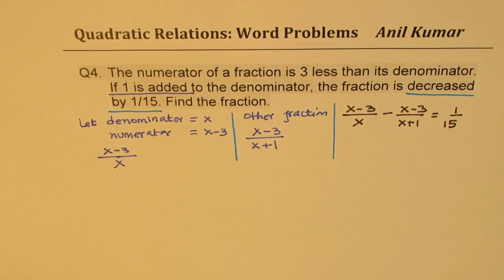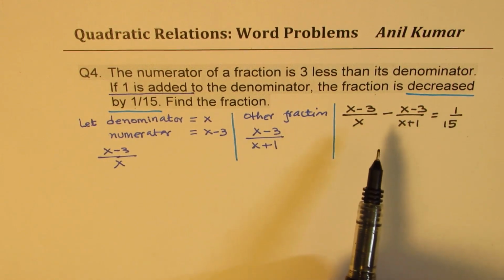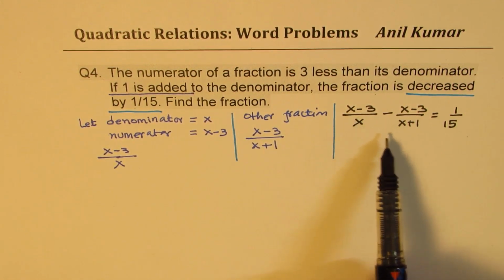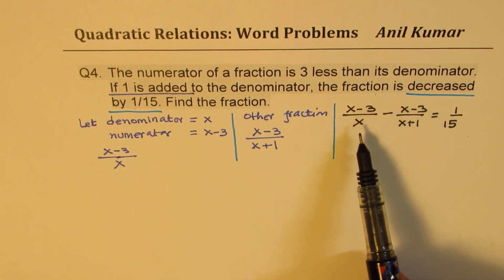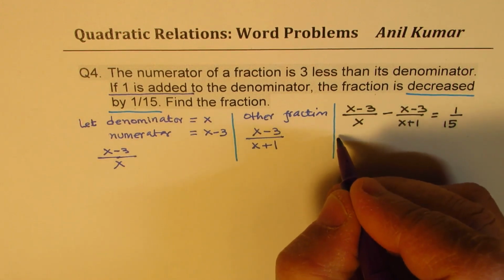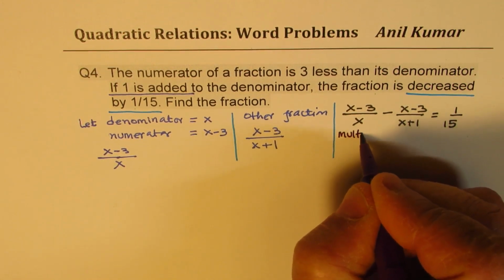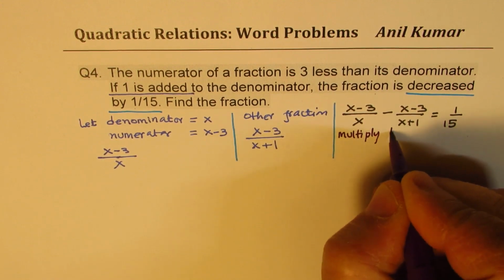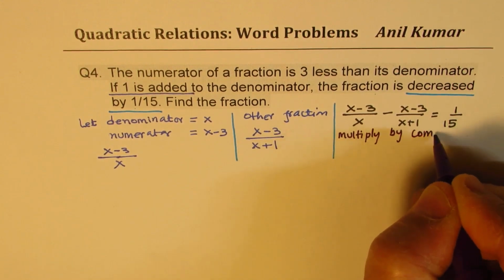Perfect. So that is how it can be solved. Okay. Now let us see how to solve this kind of an equation. Whenever you have an equation in fractions, you have to multiply by the common denominator. So the next step is to multiply by the common denominator.